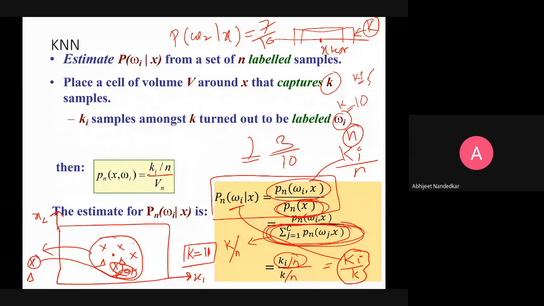Then we saw theoretically how that is actually doing the posterior estimation. So we proved that probability of omega i given x is nothing but ki by k. So ki by k is the probability estimation, it's an approximation, right?